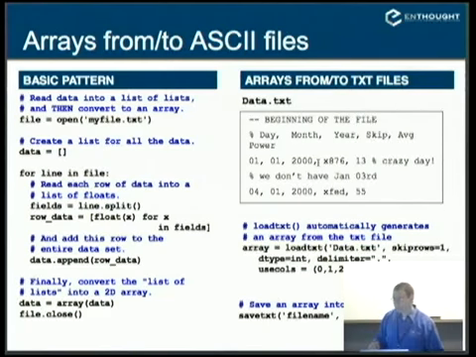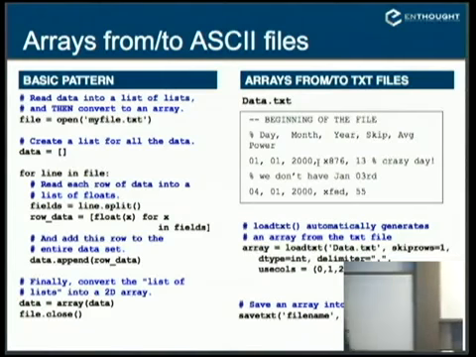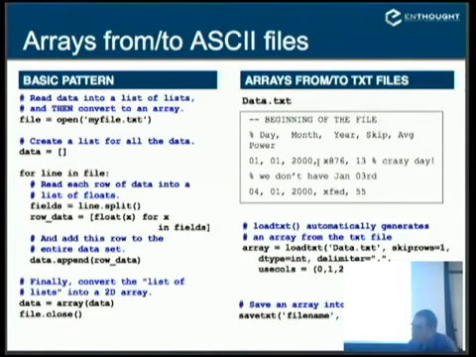Yes, sir? We do a lot of reading in files that have text values, and then we have to generate some sort of ordinal number for the text thing. Are there any convenience functions to do that for us? There are. This loadtxt method has converters that you can actually specify.